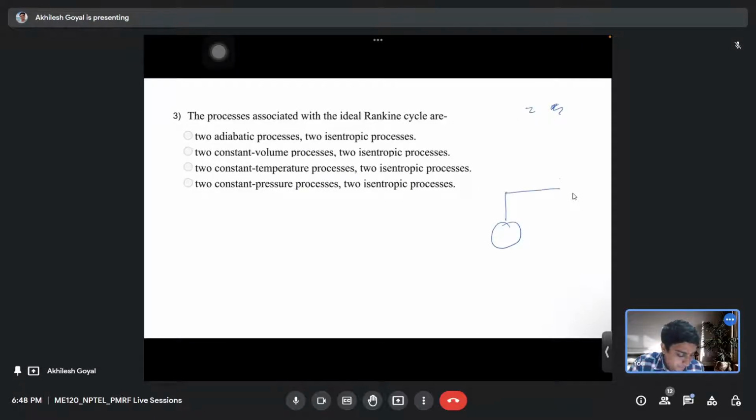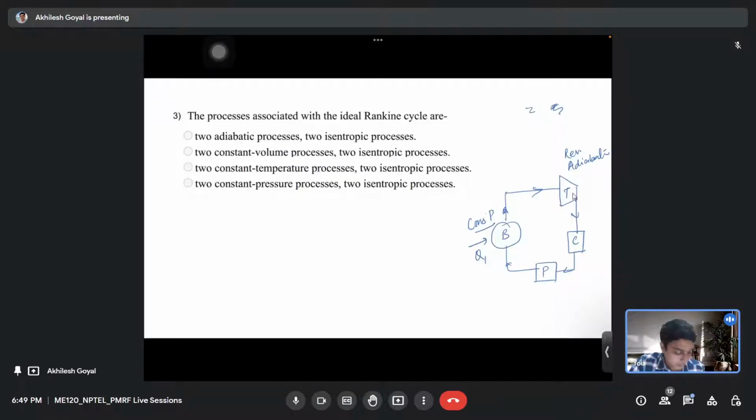So if we see, boiler, turbine, condenser and pump. We discussed that in the boiler it is constant pressure heat addition. In turbine it is reversible adiabatic expansion.